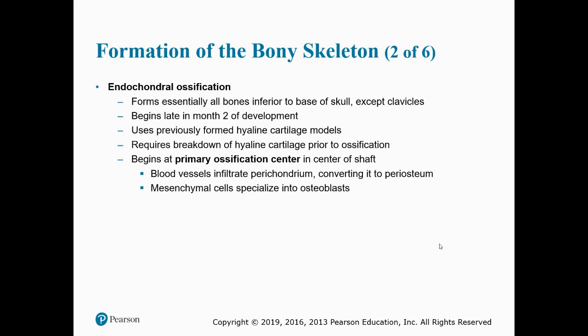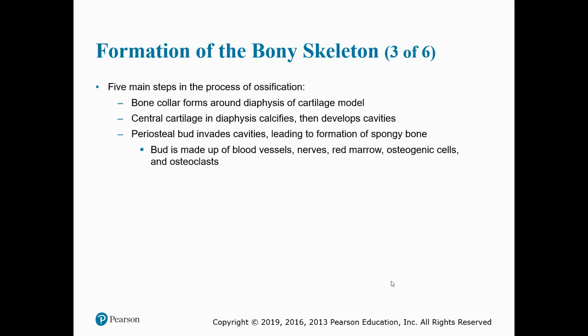Now, what happens is the blood vessels eventually invade the perichondrium, converting it to vascularized periosteum. If you remember, periosteum was the surrounding membrane around the bone. Now, these mesenchymal cells eventually turn into osteoblasts, those bone creating cells, because of the increased amount of nutrition they're getting from the vascularization of that periosteum.